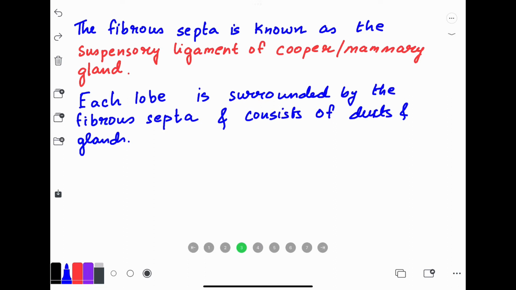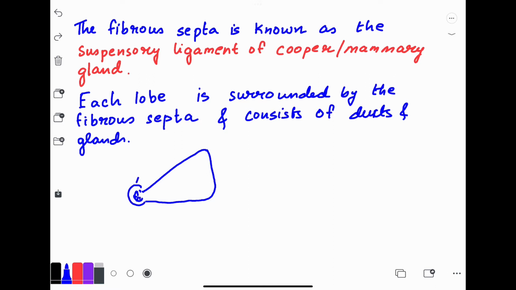So I'm going to show an easy, simple diagram, which may help you understand better. So this is actually one lobe. I'll label it later. First let me draw it. So these are the 3 lobes I've drawn of the whole circular structure, and these are basically the lactiferous ducts and their glands.